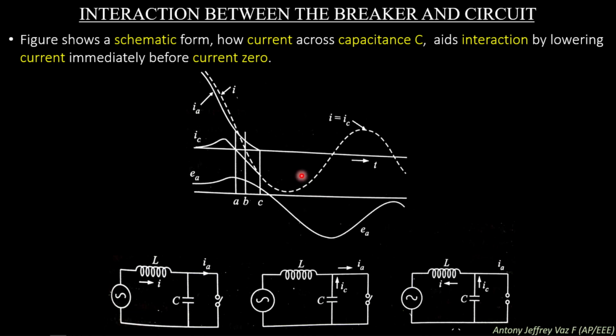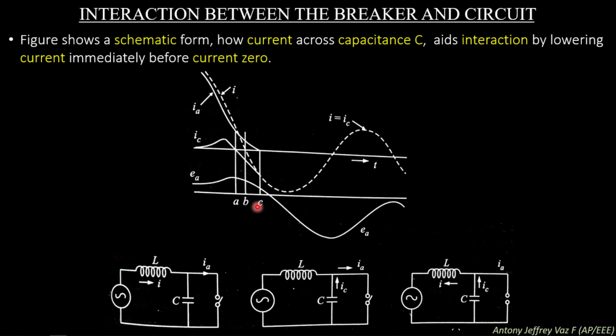So in the above figure you can see all the parameters: total current I, arc current IA, the capacitor current IC, and the voltage across the circuit breaker EA, and these three positions A, B and C. At these positions the arc in the circuit breaker is formed and is being extinguished.